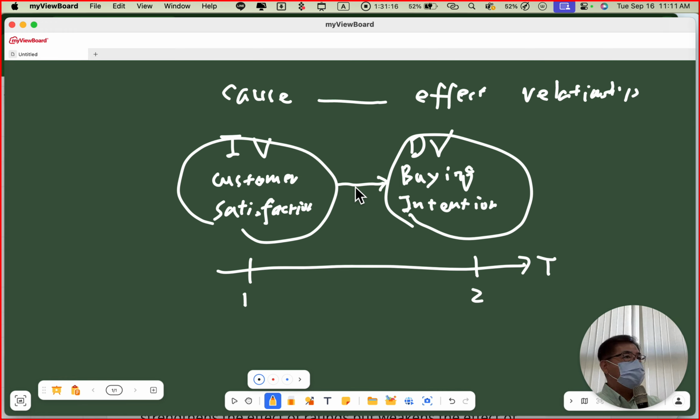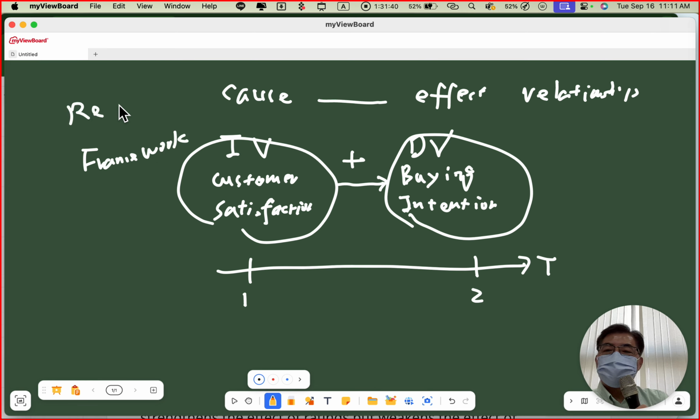Yeah, I think you maybe agree, right? If you're satisfied with the service or product, maybe you will buy. Okay? But if you're not satisfied, you will not buy it in the future. So the relation, maybe the direction will be positive. This is what we call a framework.